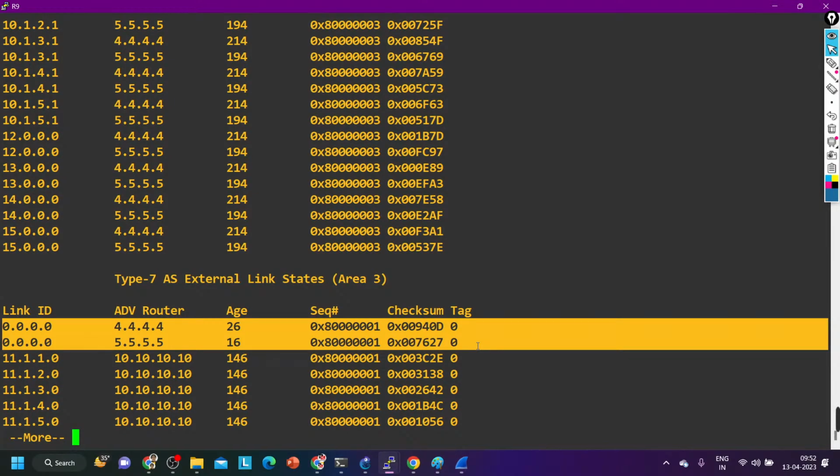So in NSSA area, ABR router will generate a default route in the form of LSA 7. In stub area, ABR router will generate a default route in the form of LSA 3.